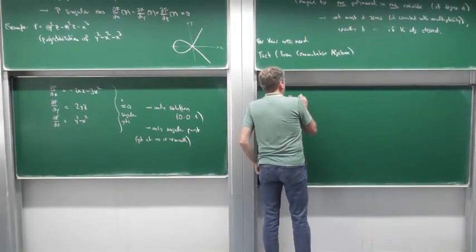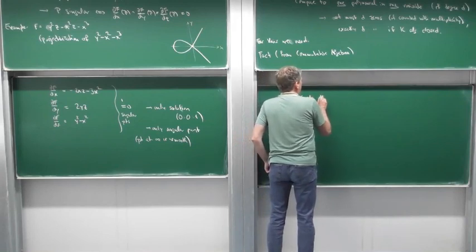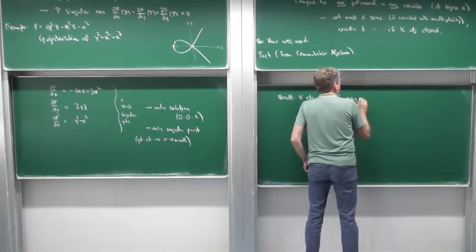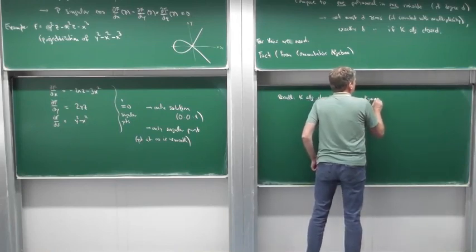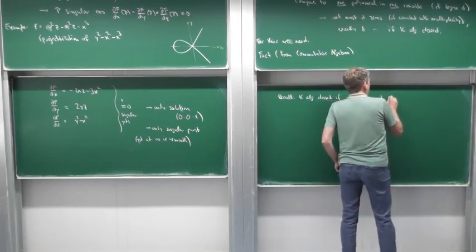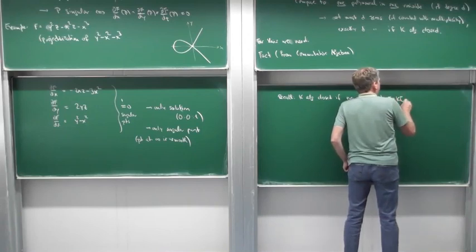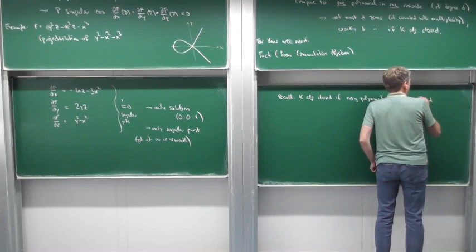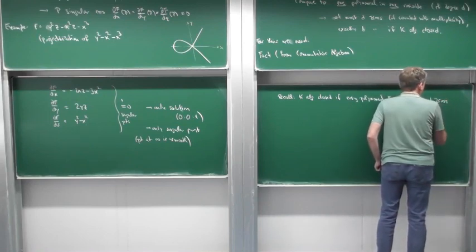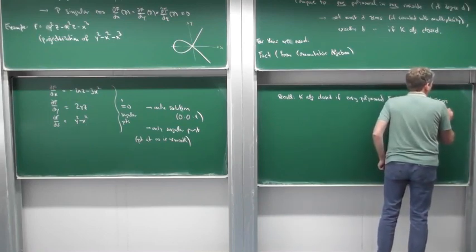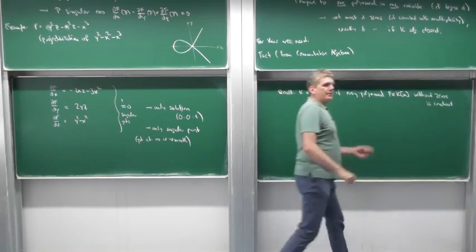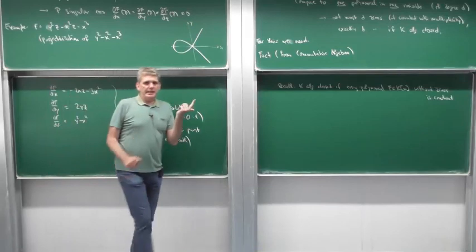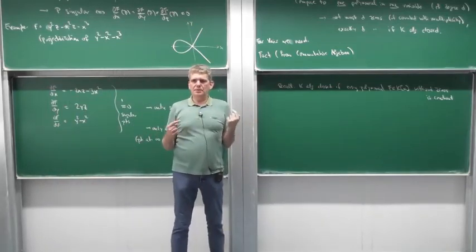So recall, K is algebraically closed by definition if every polynomial f in one variable over the field without zeros is constant. And we need something similar for two variables. And in fact, there is something which is called Hilbert's Nullstellensatz, and one usually does that in commutative algebra.